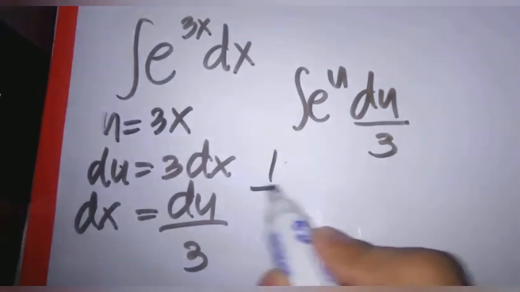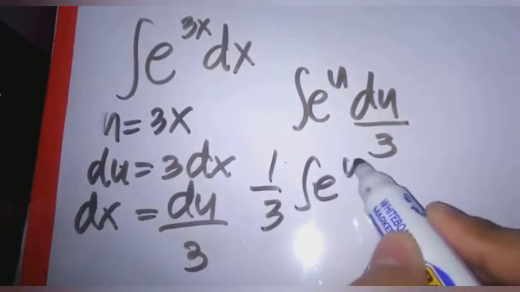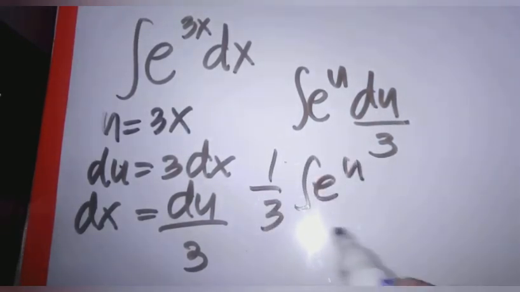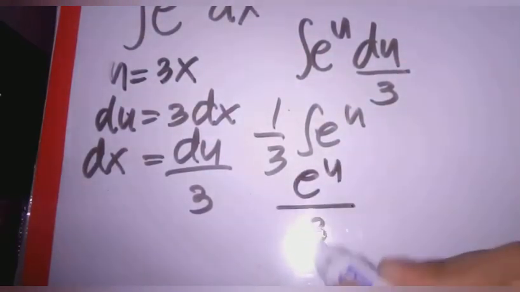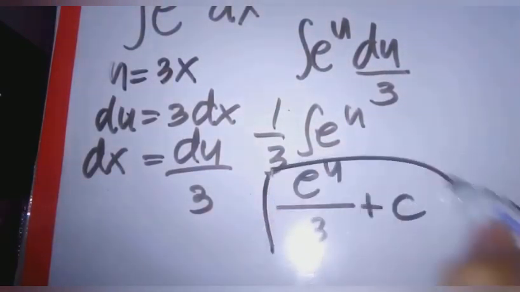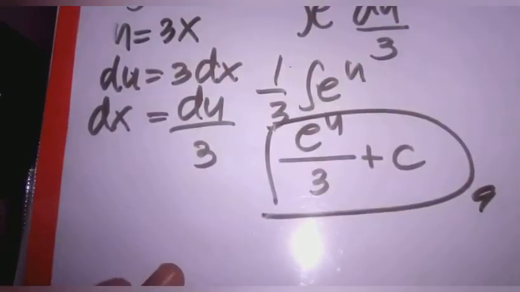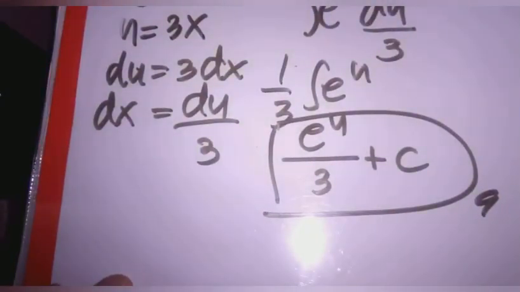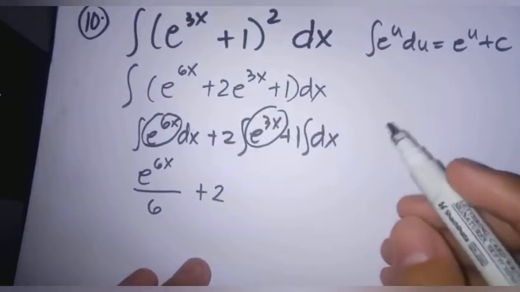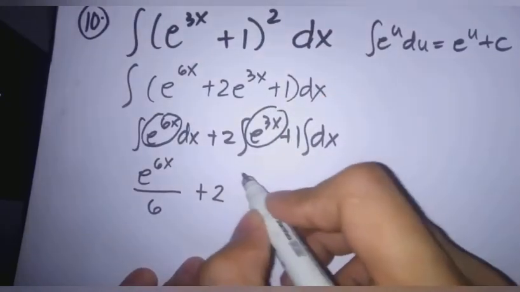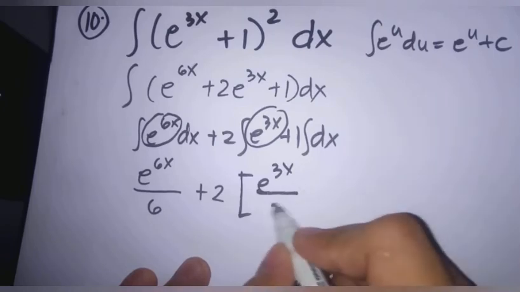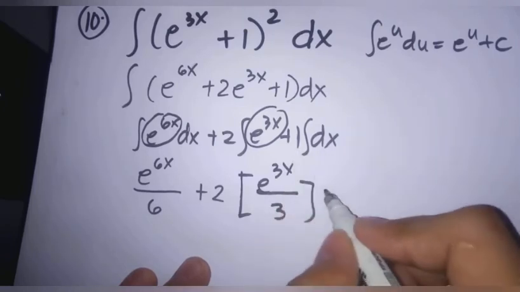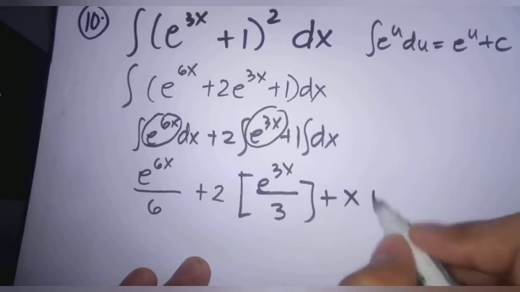Ngayon, syempre, ihiwalay natin siya, 1/3 then e raised to u. So, therefore, ang answer natin ay e raised to u over 3 plus c. Ayan yung ating answer. Okay? So, the answer for this part is e raised to 3x over 3. And then last, so dx, syempre that is x plus c.